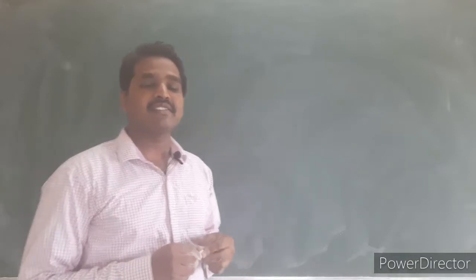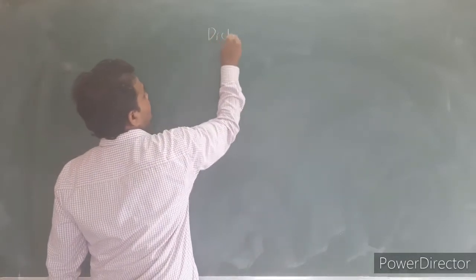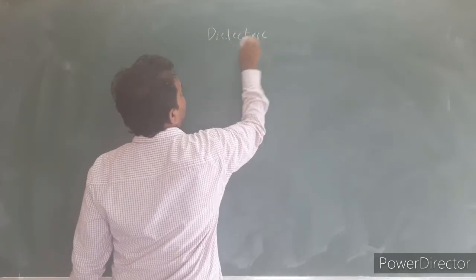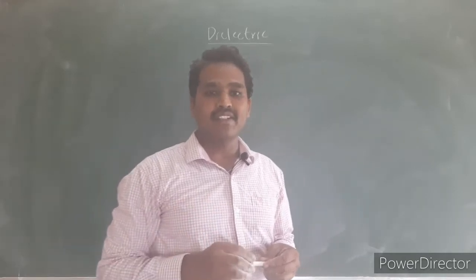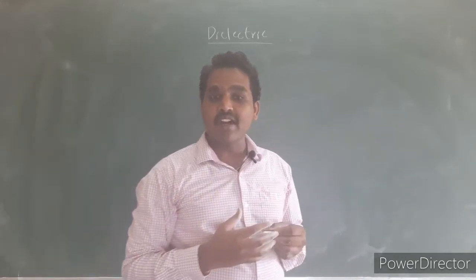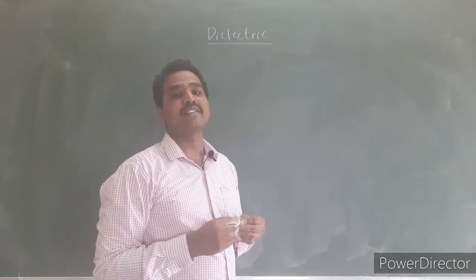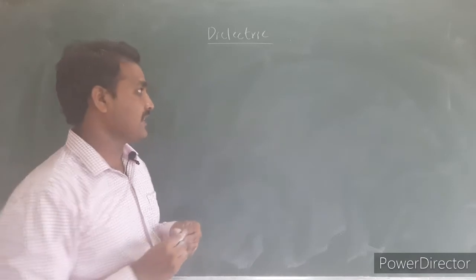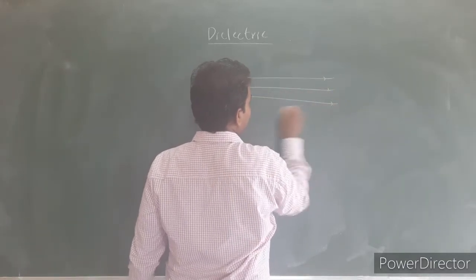Let us understand the basic meaning of dielectric. Dielectric material is simply a non-conducting material in which the opposite charges are developed on its two surfaces when that material is placed in external electric field. See here, let us consider an external electric field.